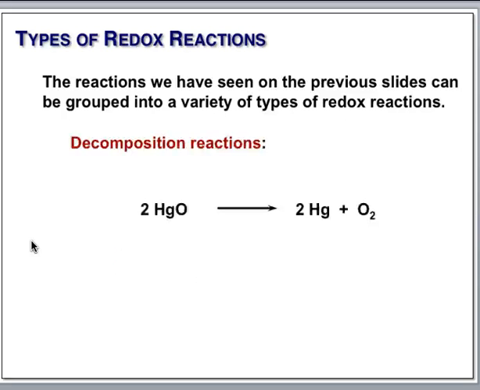Decompositions are also going to be mostly redox. Mercury 2 oxide, right? Mercury is +2. Here is 0. Oxygen is 0. Oxygen here is -2. Mercury is +2. In the process of this reaction, which element is oxidized?